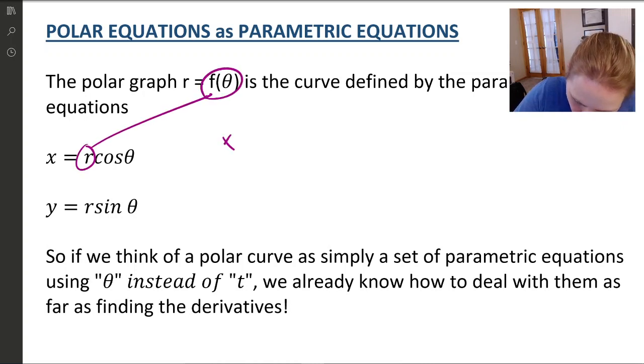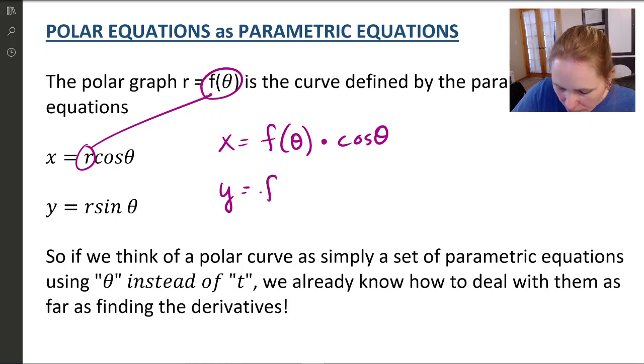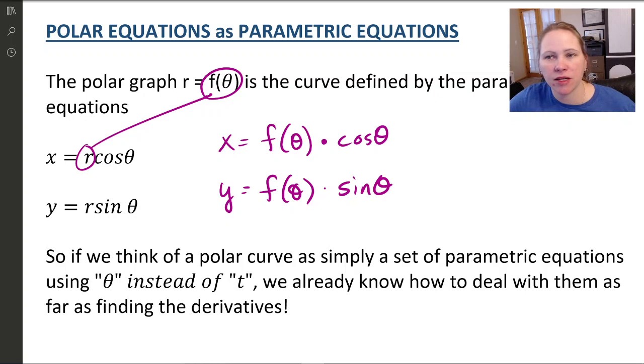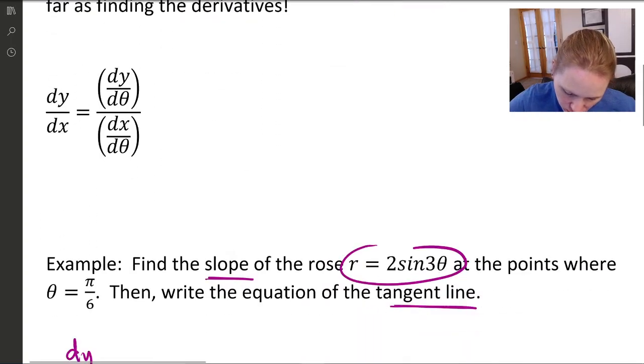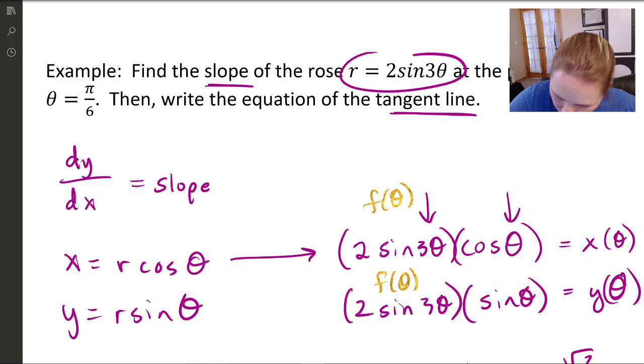So the parametric equations can be thought of like this: some function of theta times cosine theta, and the same function of theta times sine theta. So when we do our parametrically defined equations, it's not just r cosine theta, it's whatever equation you're given. Just like we went down here and put 2 sine 3 theta in, that's my f of theta. So this is how we create parametric equations.